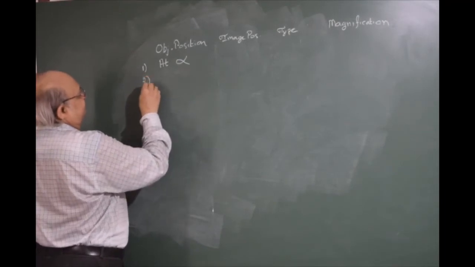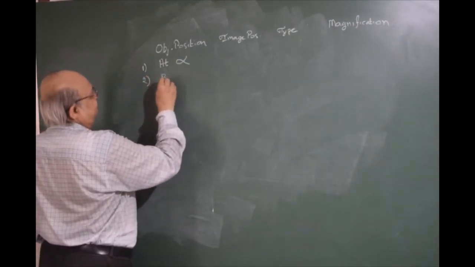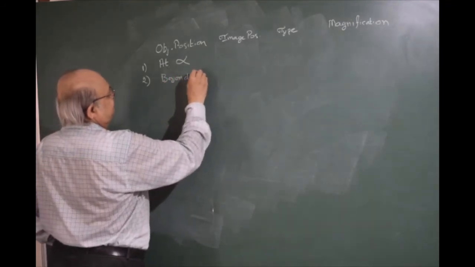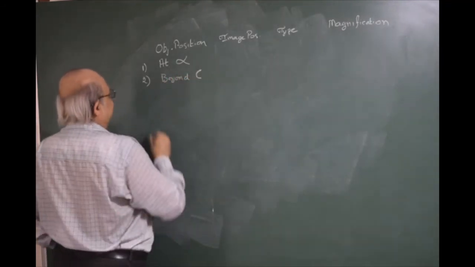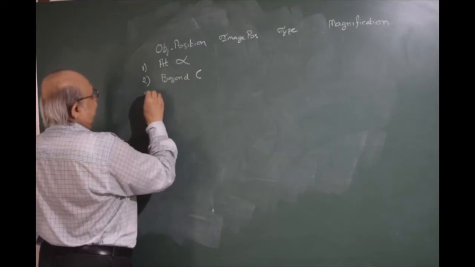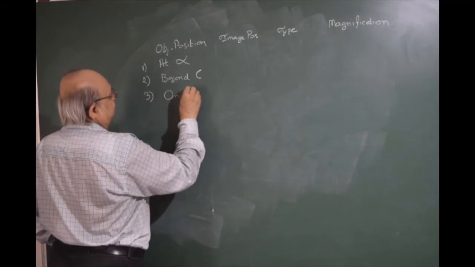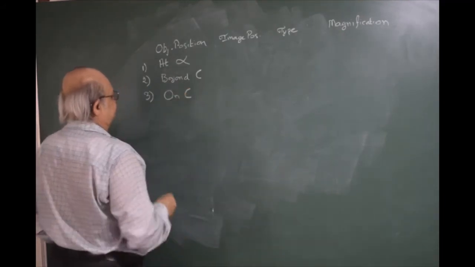Second, we bring it a little closer and place it beyond C, the center of curvature. We bring it a little more closer to the mirror and put it on the center of curvature.